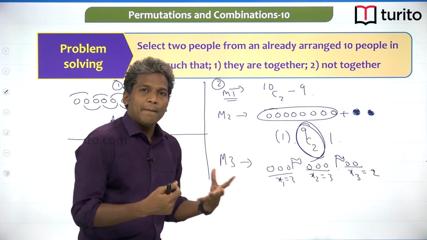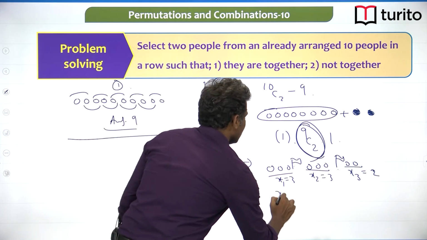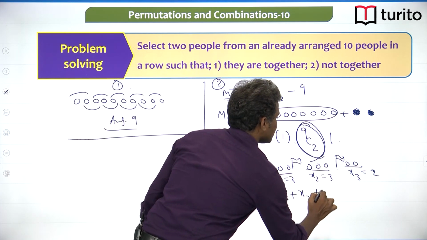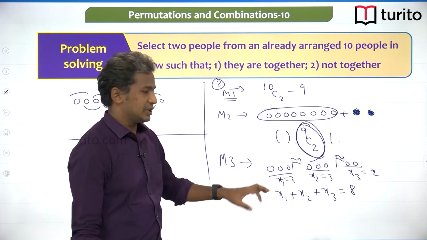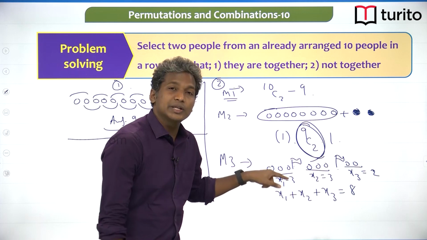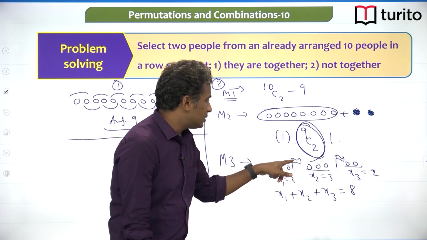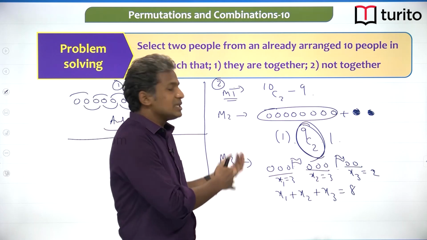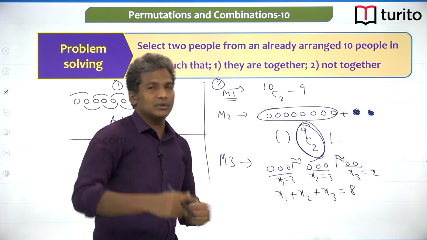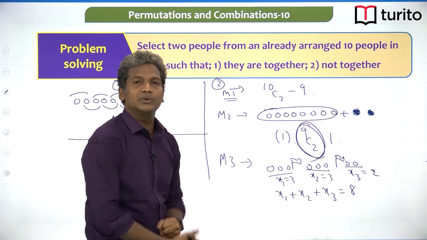So when we apply this idea that x1 + x2 + x3 = 8, these are the non-selected members, and when we make sure that these two flags have at least one gap in between, we are actually selecting two people so that no two are together. How do we do that?